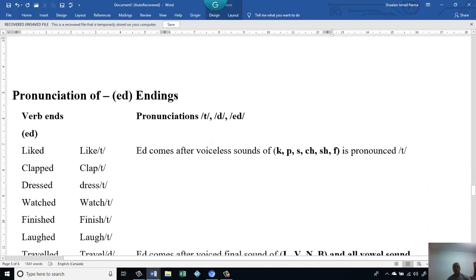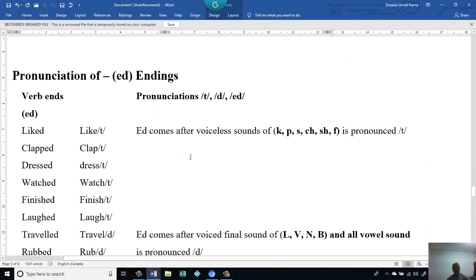Let's look here at pronunciation with the ed at the end of the verb when we add ed to it. For example, we have three pronunciations for this ed when we add it to the verb. The first one we pronounce as t. The second one we pronounce this ed as d. The third one we pronounce as ed.